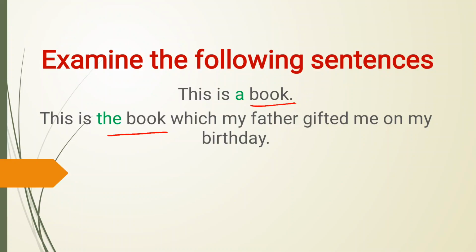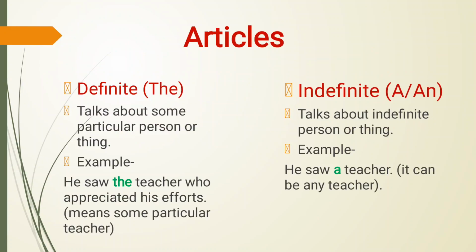But when we read the next sentence, we are talking about that particular book, that definite book which his father gifted him on his birthday. So, this book is indefinite, and that is why the indefinite article a has been used here, and this book is definite, and that is why the definite article the has been used here.